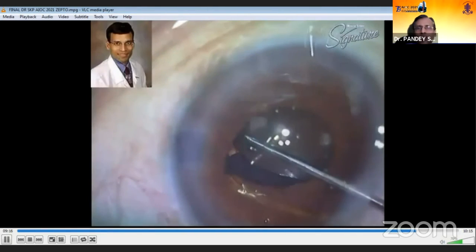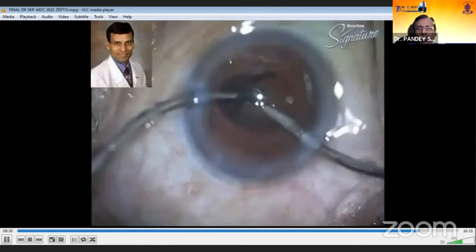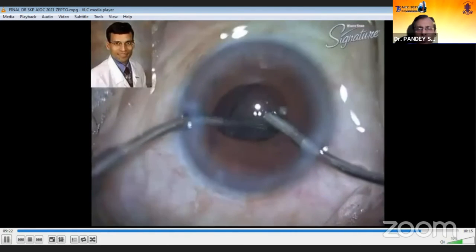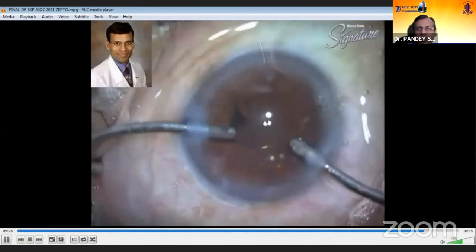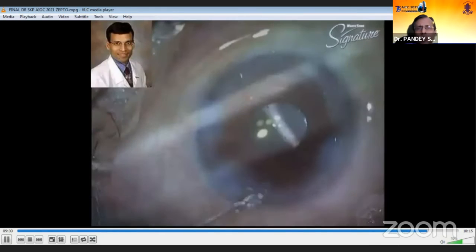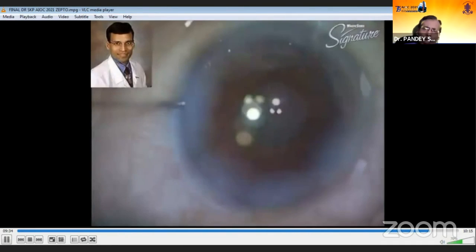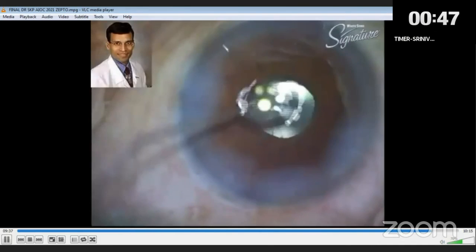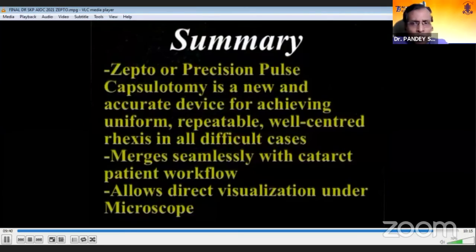Here you can see the lens being implanted in the capsular bag, and the pupil is smaller because we used intracameral injection of phenocaine in this case. So these are some of the advantages. We always use intracameral moxifloxacin in every case.